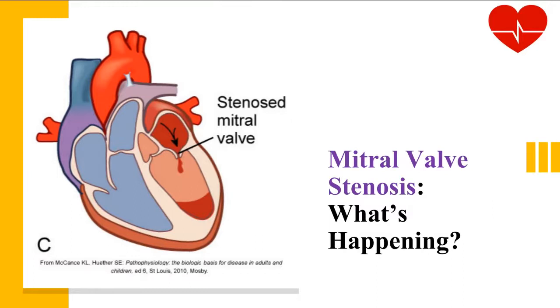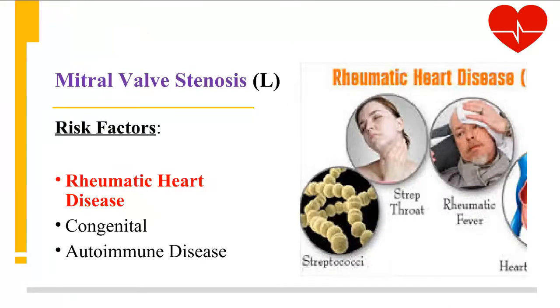So we're going to talk about mitral valve stenosis first, and remember that this is always occurring on the left side. So be thinking about the left side when we're thinking about mitral valve stenosis. So rheumatic heart disease, that's really what I mean here is I mean rheumatic carditis. All right, so rheumatic carditis is an infection that happens because of streptococcus, beta hemolytic strep, that usually happens when you have strep throat.